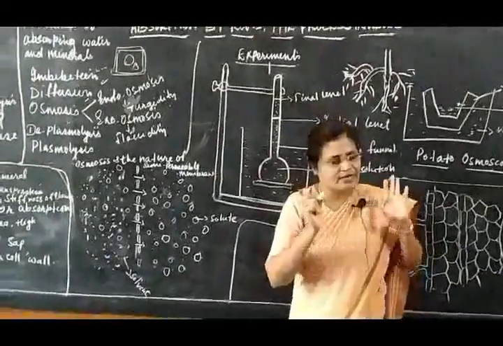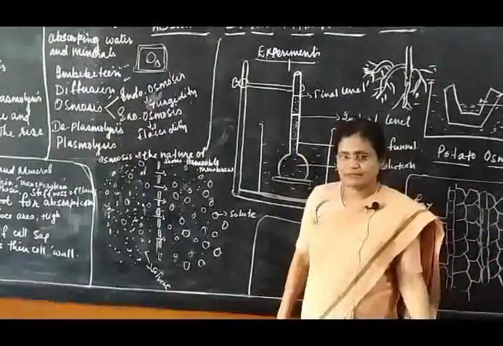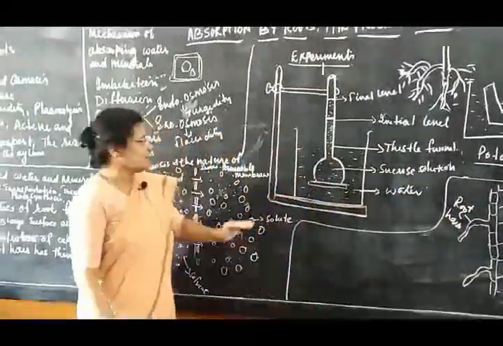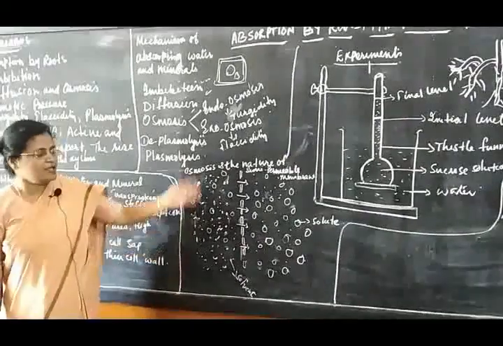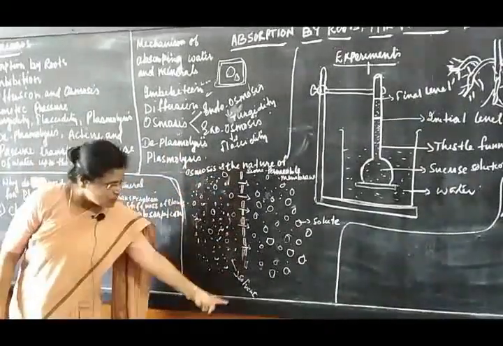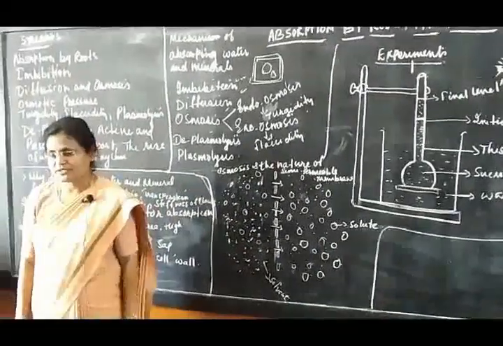And exo, I told you, means outward movement. So, the outward movement of water molecules from the region of high concentration to the region of lower concentration through a semi-permeable membrane is called exo-osmosis.